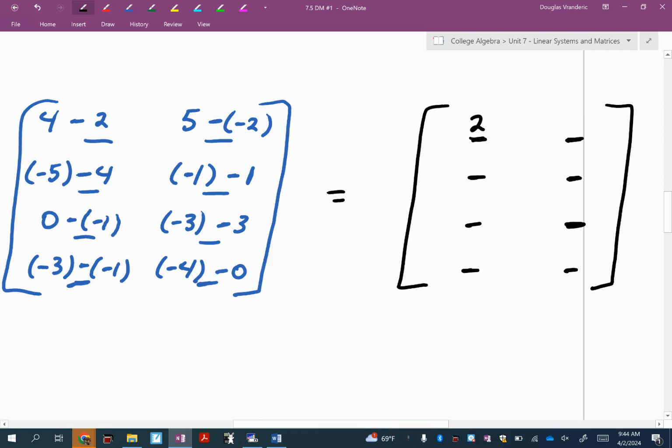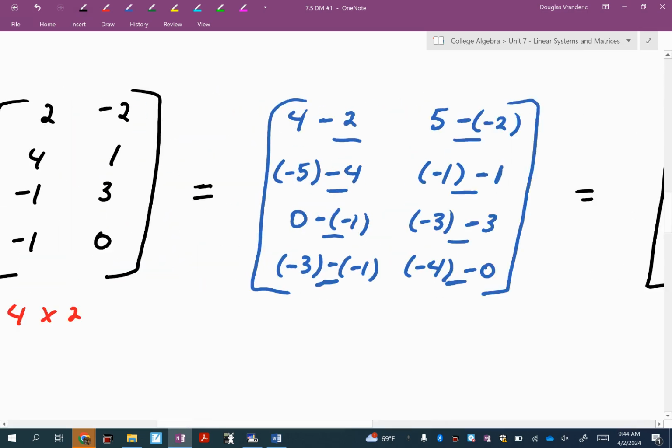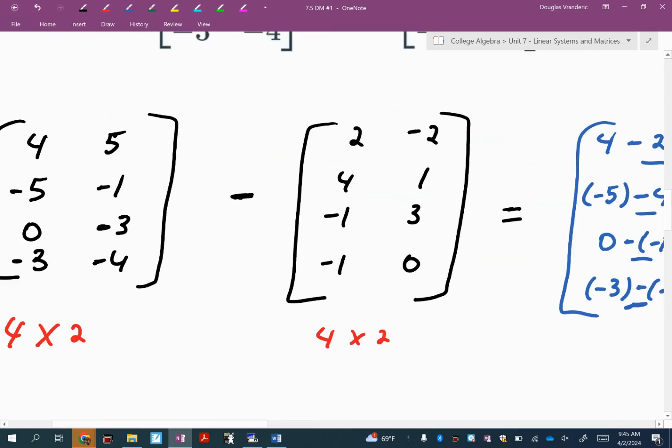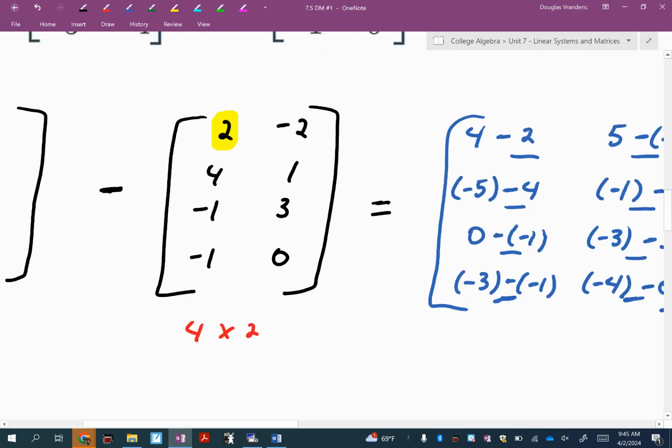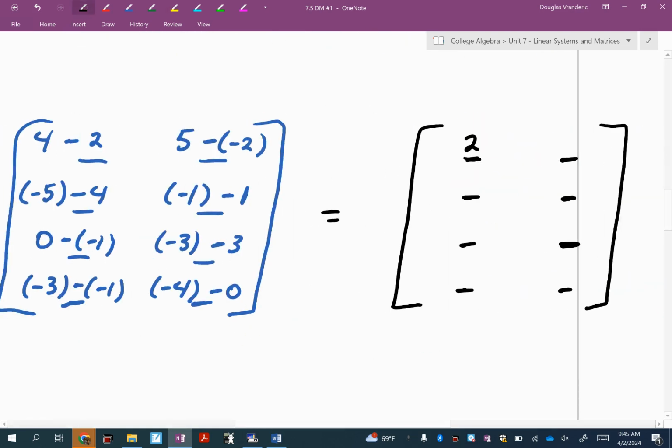And now I'm going to move through the first row, then the second row, then the third row, then the fourth row. Could you do the whole first column and then move to the second column? Yeah, it doesn't matter the order in which you do this. It's your choice. It does matter that I subtracted the stuff that's in the same spot. I subtracted 4 minus 2 in the same location of their matrix. But in terms of writing down the answers, I don't care the order.